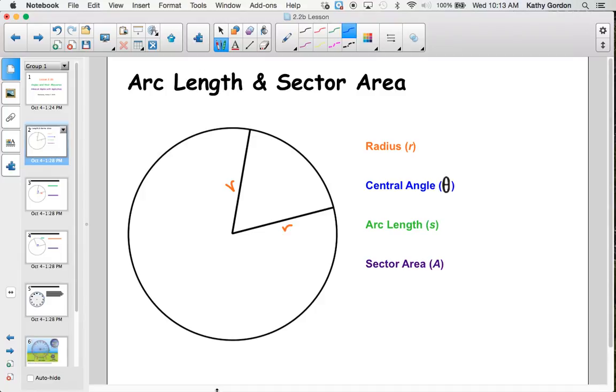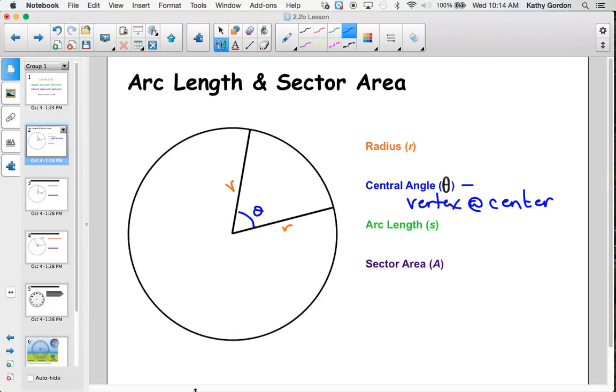What do we call that? What do we call that point right there? The vertex. So a central angle is one where the vertex has to be at the center of your circle. So it's this angle we're talking about, which we can label with theta.